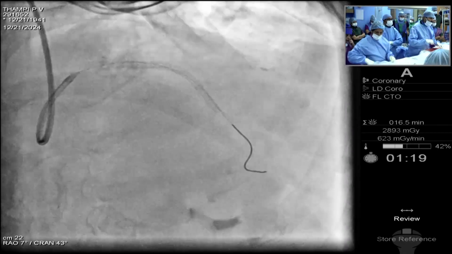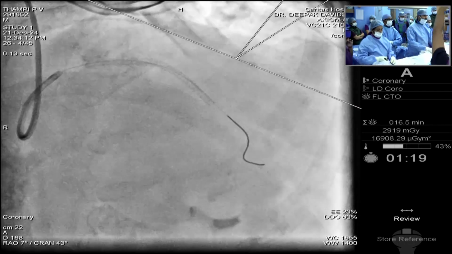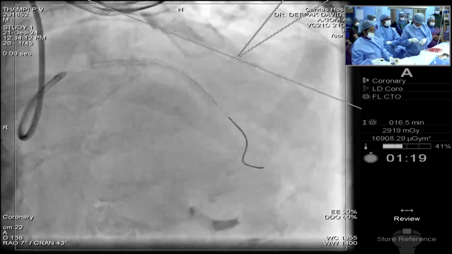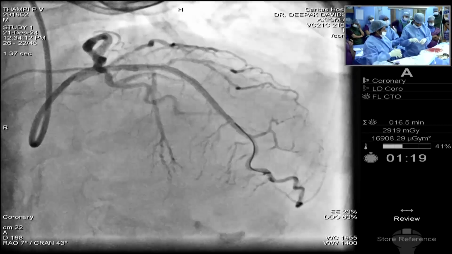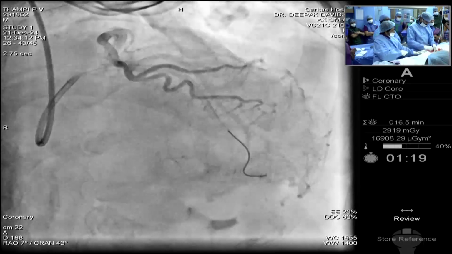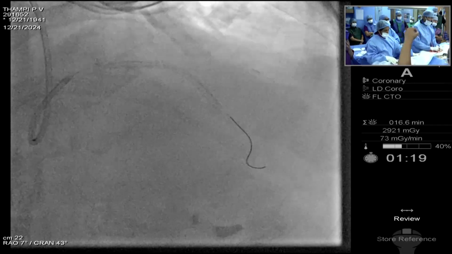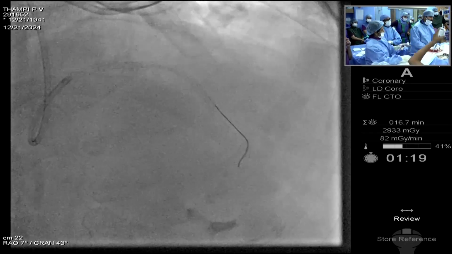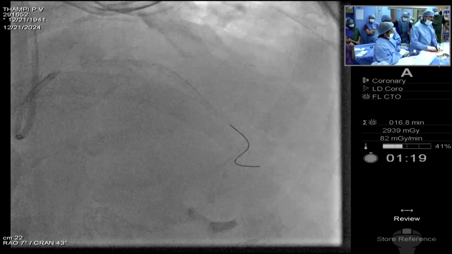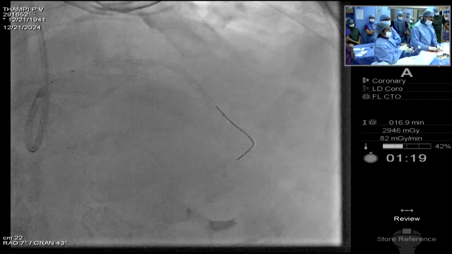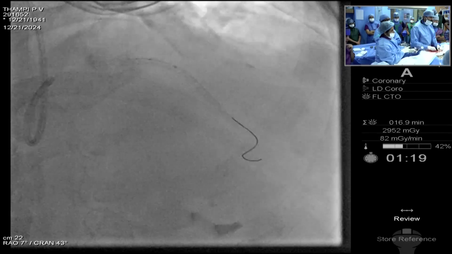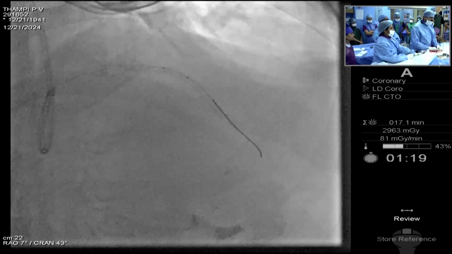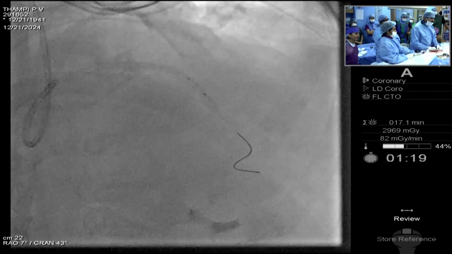Then we'll go to. Okay. 2.75 for the distal vessel. It's an Oxford balloon.